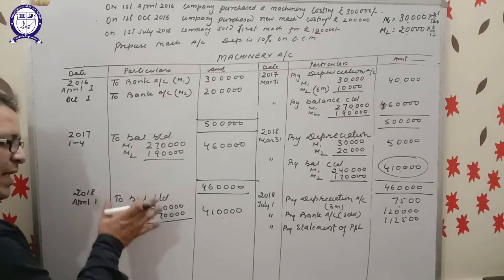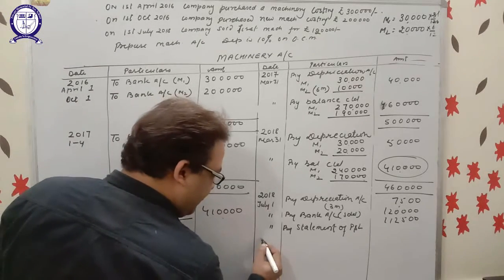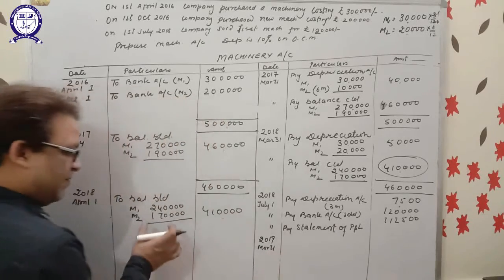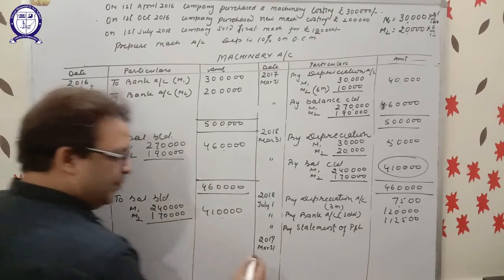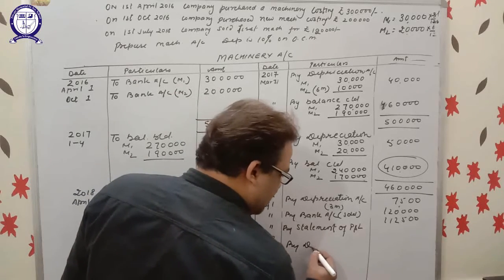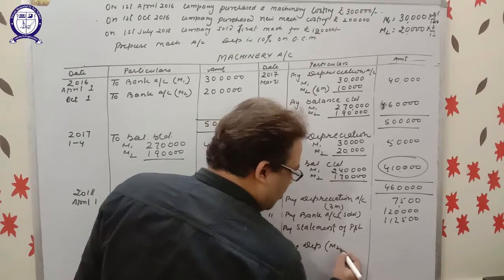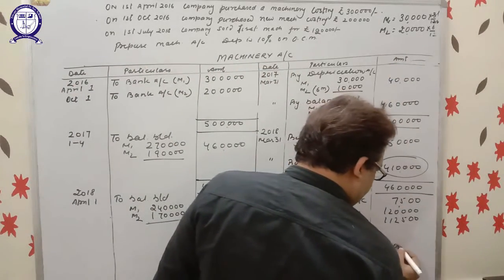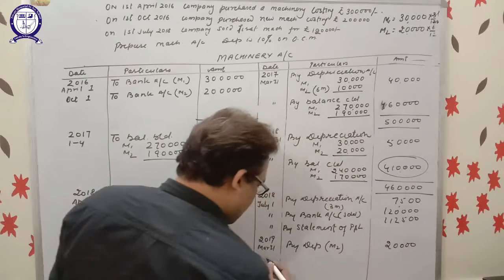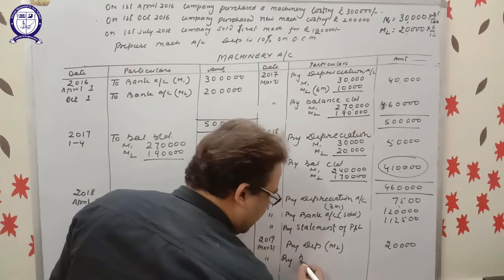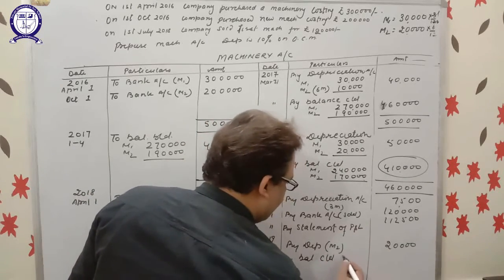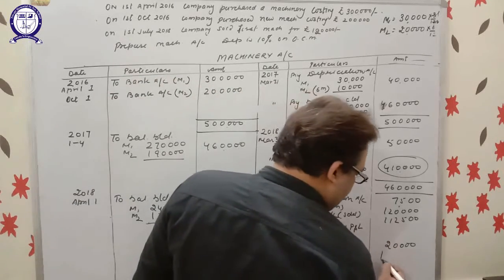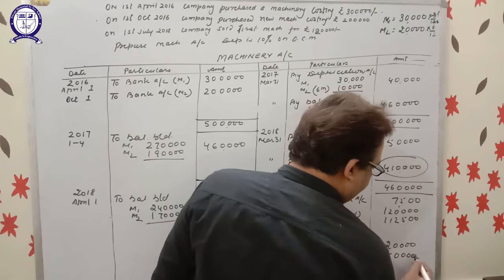And now at the end of this year, 2019 March 31st, we have just one machinery for depreciation. By depreciation on machinery 2, for the full year, 20,000 will be recorded. By balance c/d: 170 minus 20,000, 1,50,000.